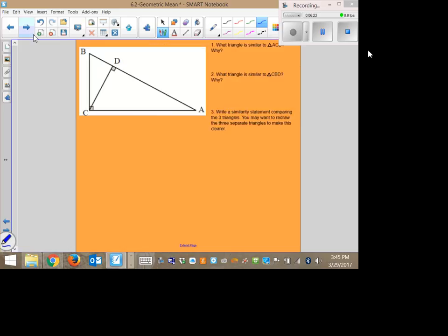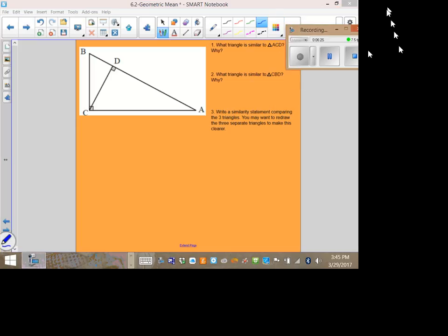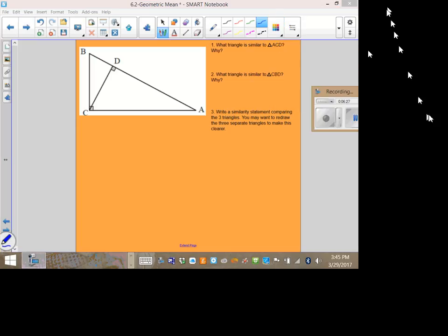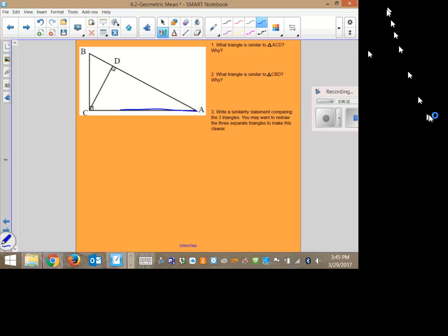All right, so we want to know what triangle is similar to triangle ACD, and we need to be able to justify it. So note here we have a right angle.